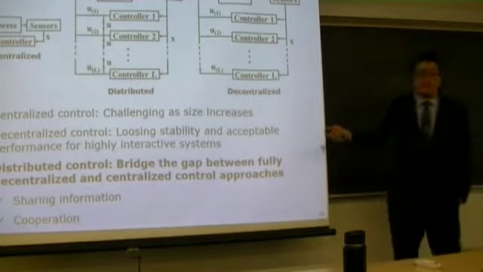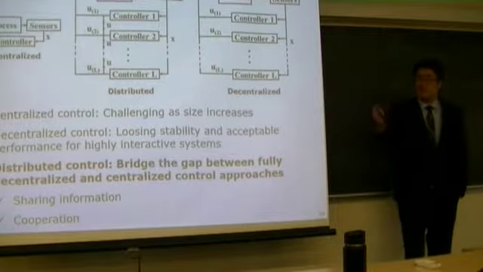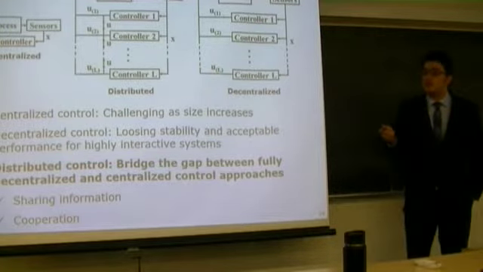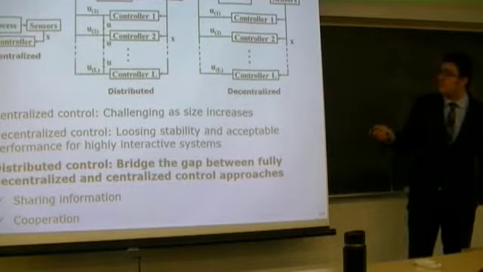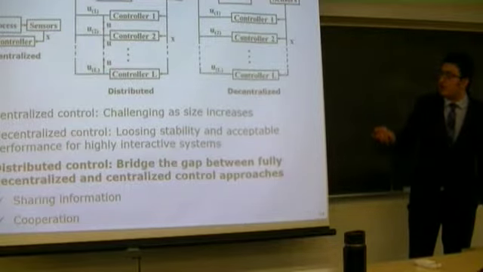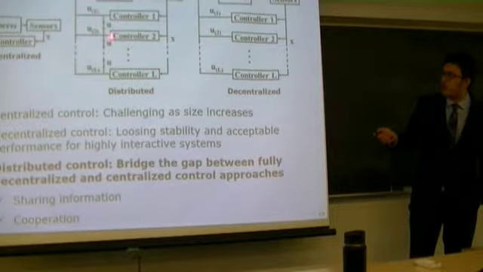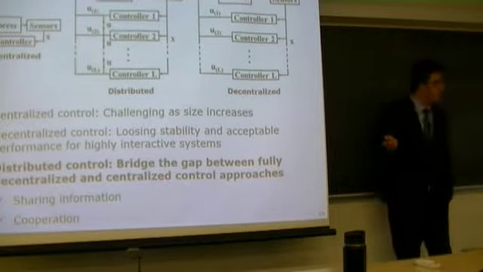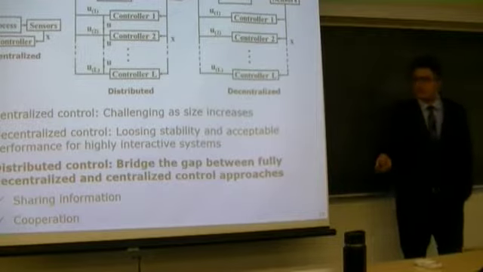So in the middle, distributed optimization-based control methodology could bridge the gap between fully decentralized and centralized control architectures by taking advantage of different levels of information sharing and cooperation between the local controllers to compute the required manipulated inputs.